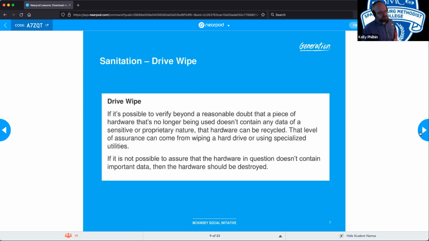Now, before you would hand over anything for recycling, you want to be sure that there is no personally identifiable information. There is no proprietary research and development, any of that stuff. So they have specialized utilities that can do drive wiping.